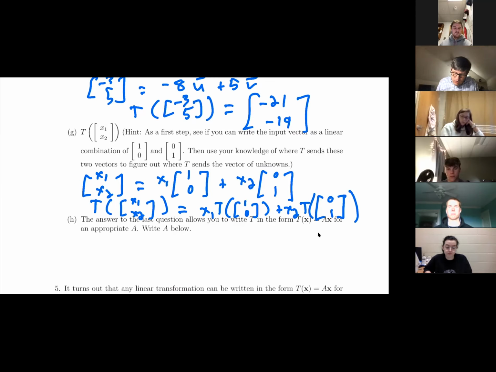Yes. And then when you finished, what was your final answer after you combined it? What did you get at the end of that? 2x1 minus 3x2, and then 3x1 minus 2x2.